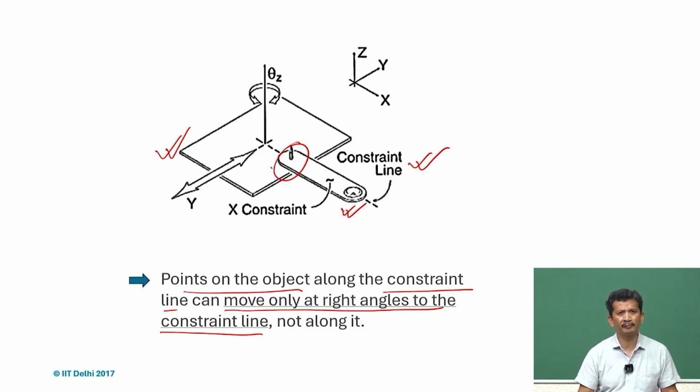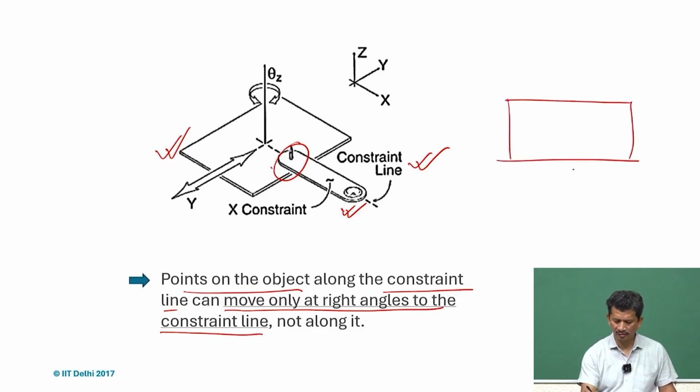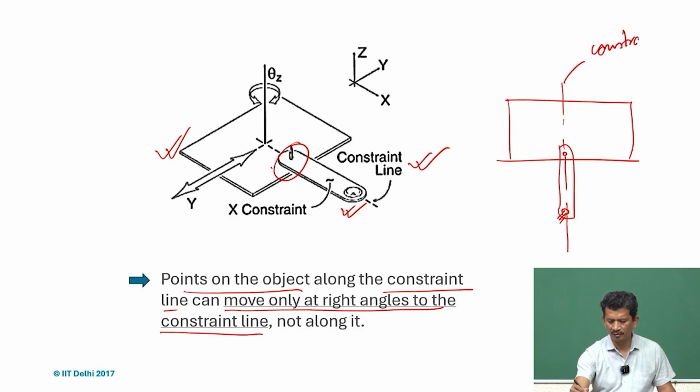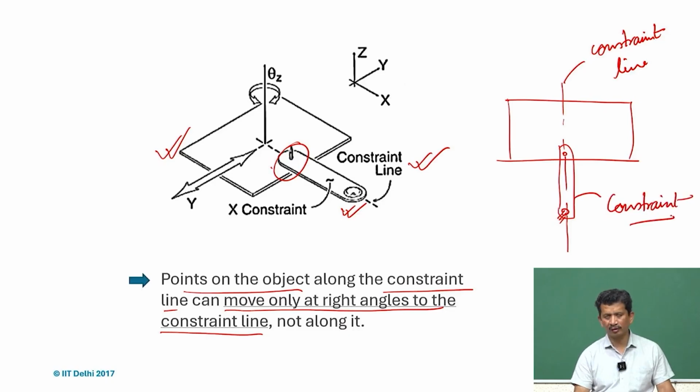So, whenever we have a constraint, maybe we can draw another one. Suppose we tag it here and then put another pin. So, this is the constraint line, and this is the constraint, or the device we can call it.